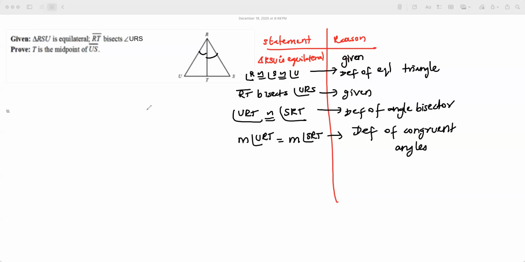Next, then you could do RT is congruent to TR. Okay, RT is congruent to TR, reflexive property, right? Yeah. So then triangle URT would be congruent to triangle SRT.